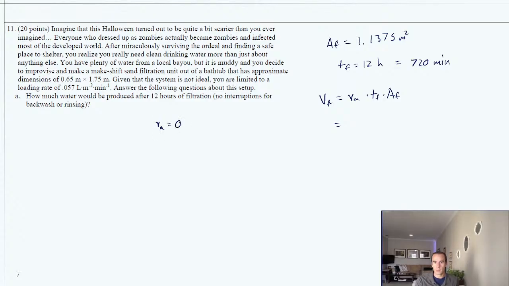This is 0.057 liters per square meter per minute. So it's good that we have time in minutes. Put all these things together, we should get 46.68 liters. Of course, you could have solved this for cubic meters. That would have been 0.0467, if you round that last place, cubic meters of water.